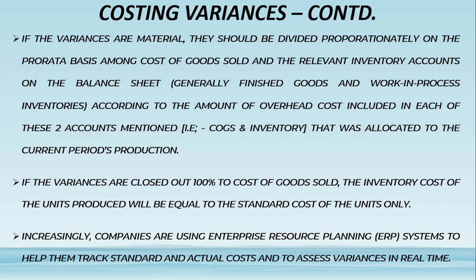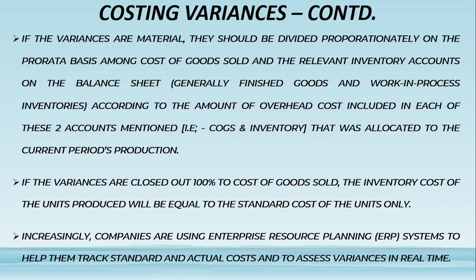Generally, finished goods and work in process inventories, according to the amount of overhead cost included in each of the two accounts mentioned, that is COGS and inventory, that was allocated to the current period's production.